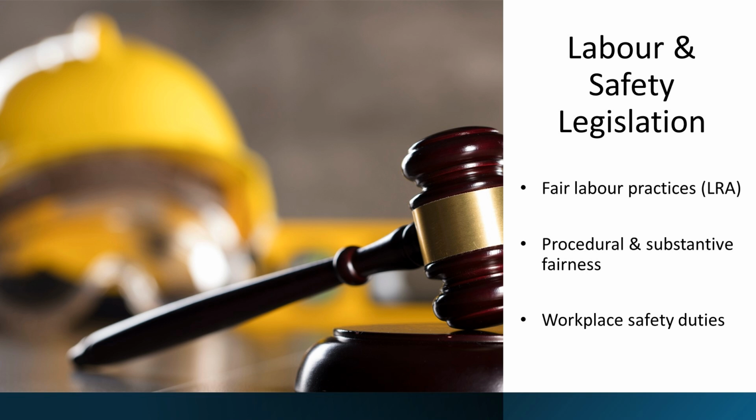This includes conducting investigations before acting, giving employees an opportunity to explain their side, the audi alteram partem principle, issuing warnings progressively when appropriate, ensuring that similar offenses receive similar consequences, and keeping accurate written records of all actions taken.